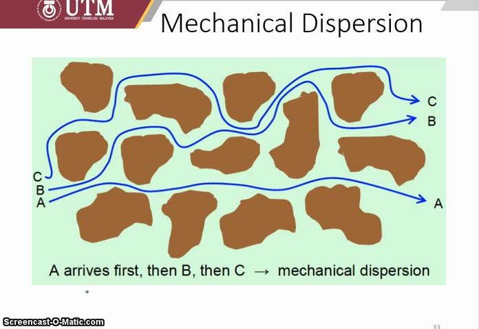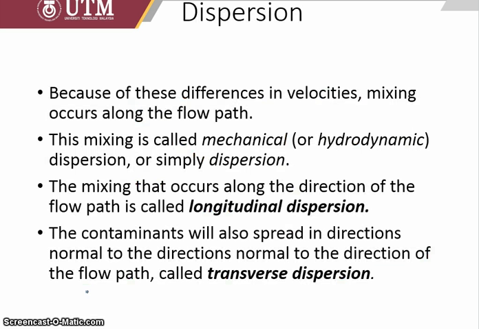So this already represents a different speed or different velocity for each molecule of contaminant. This is called hydrodynamic mechanical dispersion, or simply dispersion.